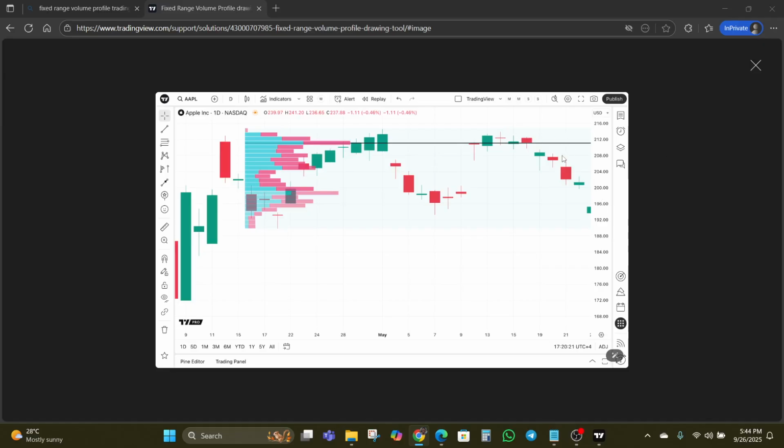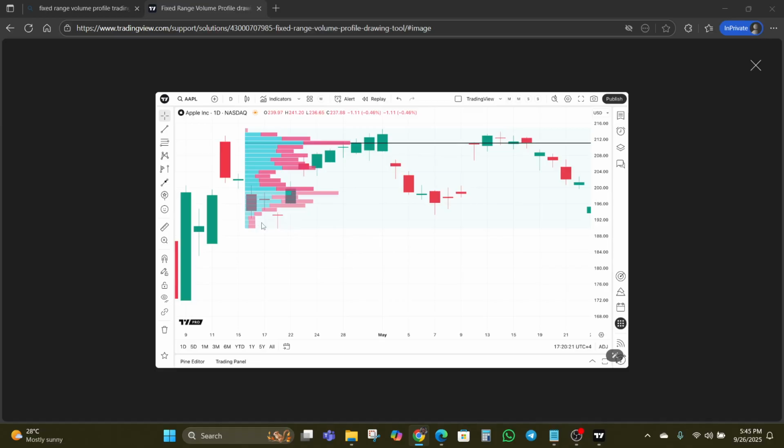Now, high volume nodes indicate strong interest from buyers and sellers. These are often areas of support or resistance. Then you have low volume nodes that suggest price may move quickly through these levels.